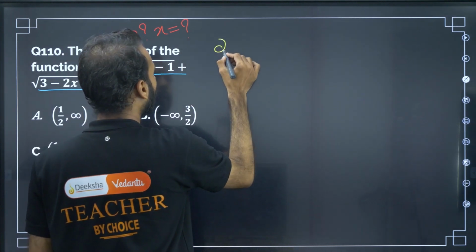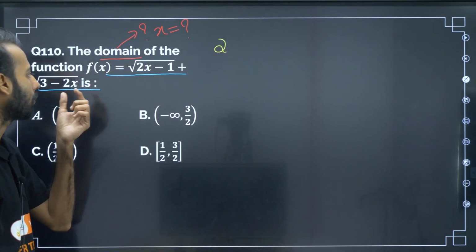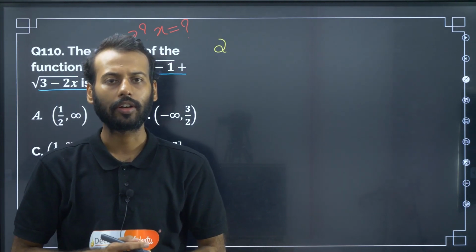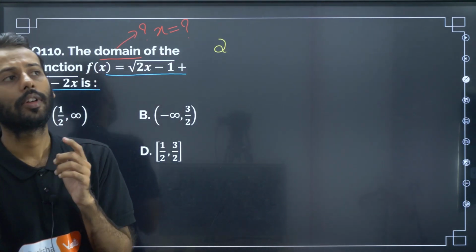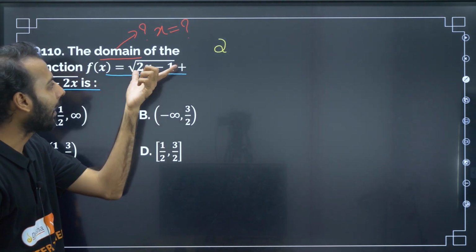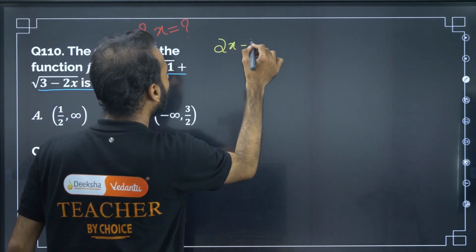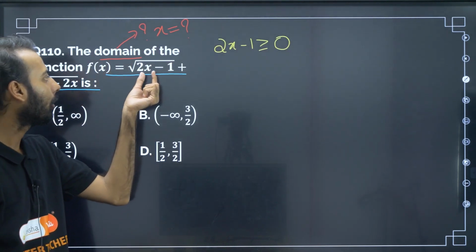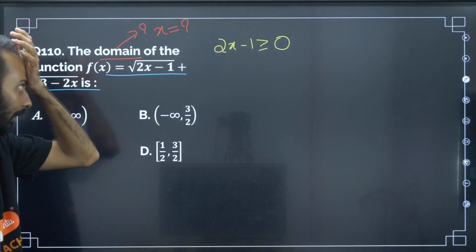Whenever you see the square root functions, in my previous videos also I already said that whenever square root comes, whatever is the function inside has to be greater than or equal to 0. Square root cannot be negative, so that condition we are using to find x values.